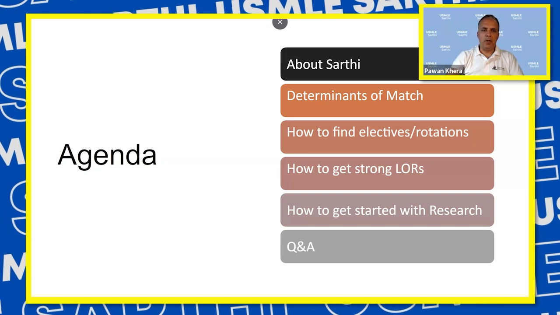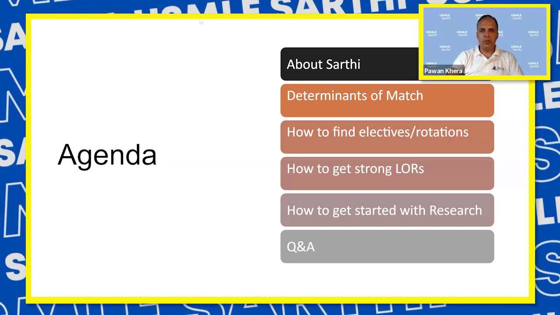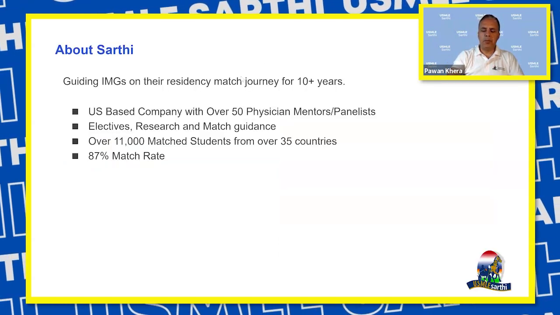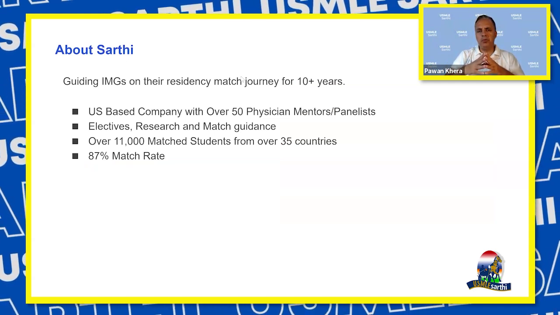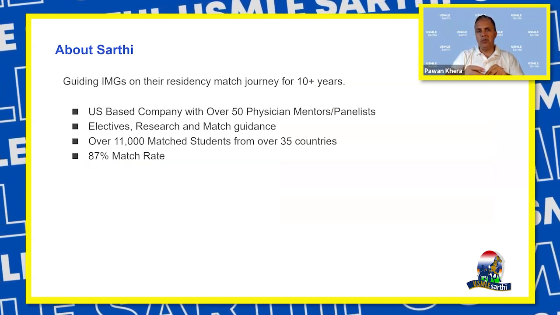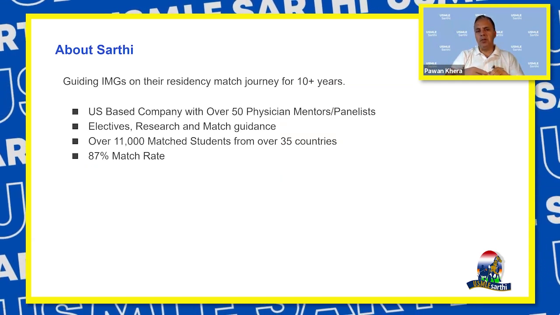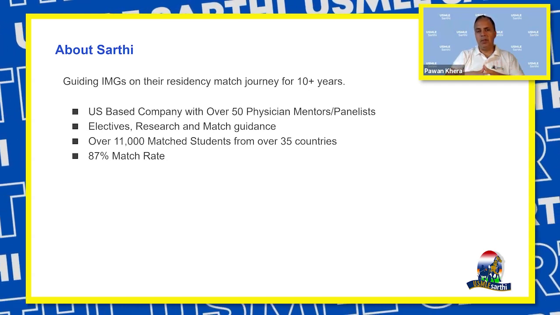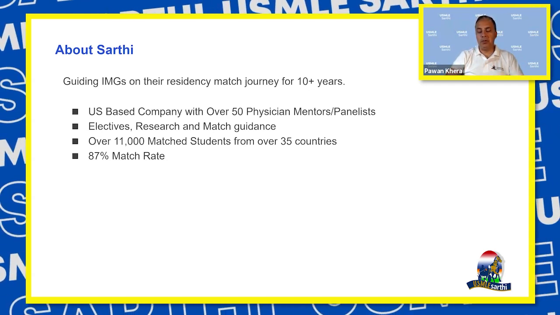Before I do that, I did want to have a poll which I will share. For those of you who are not aware, we've been helping students in their match journey for the last 10-plus years, US based. We have a team of about 50 physician mentors and panelists, all in US residency programs: attendings, fellows, residents.